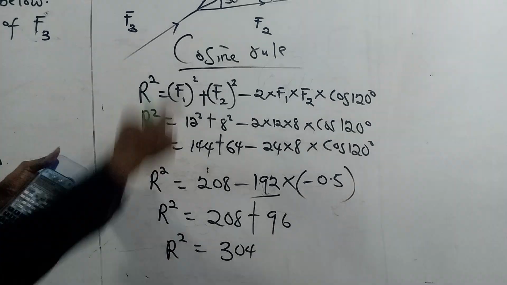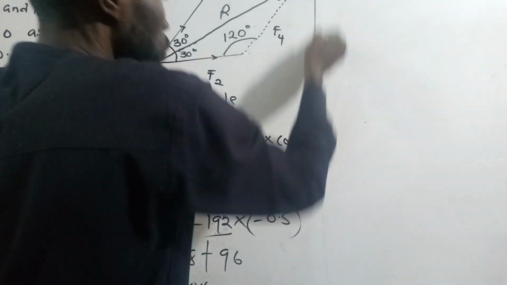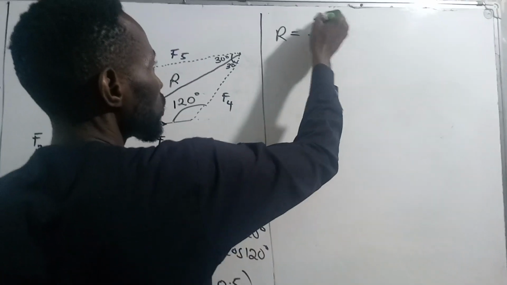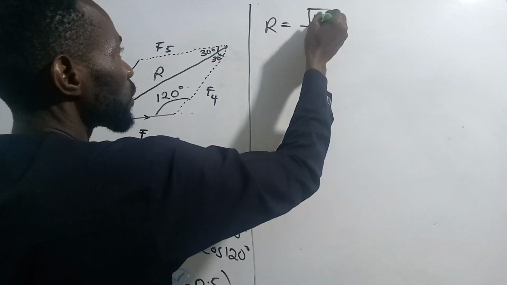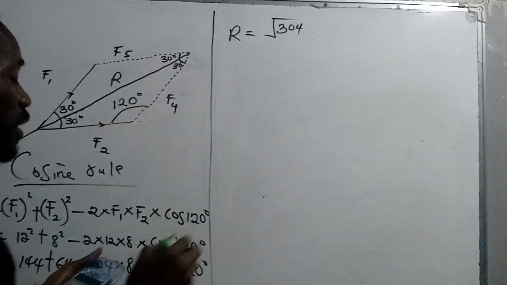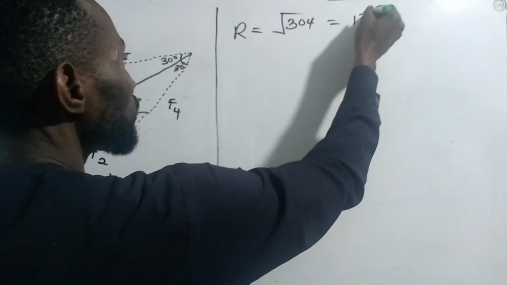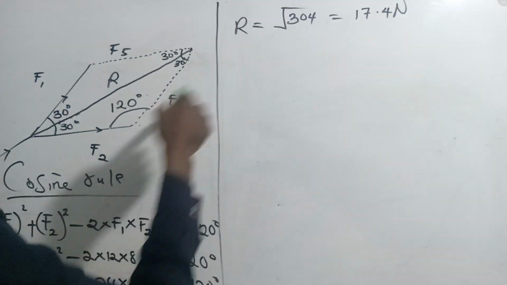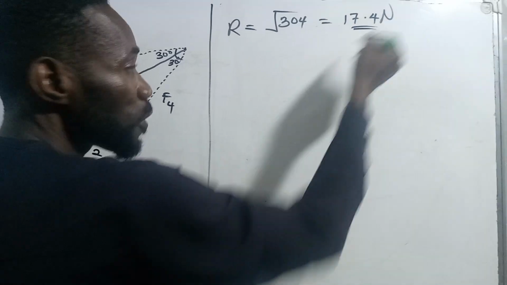But what we are looking for is the resultant. Therefore, the resultant R is equal to the square root of 304. The square root of 304 will give us 17.4, so the resultant is equal to 17.4 Newton.